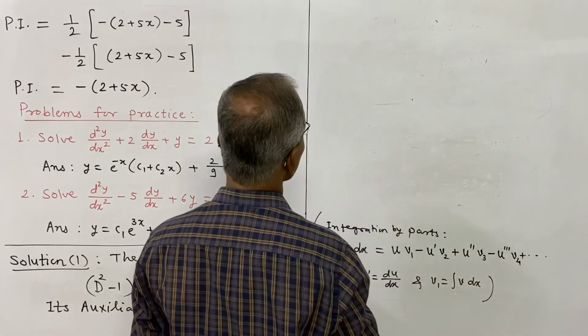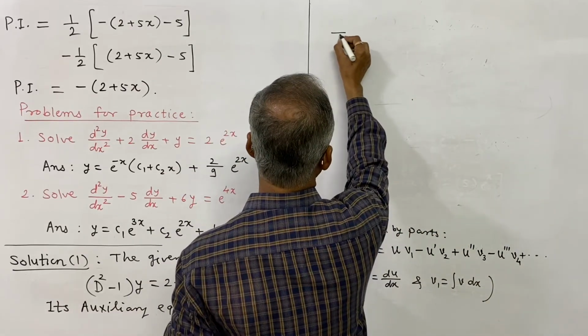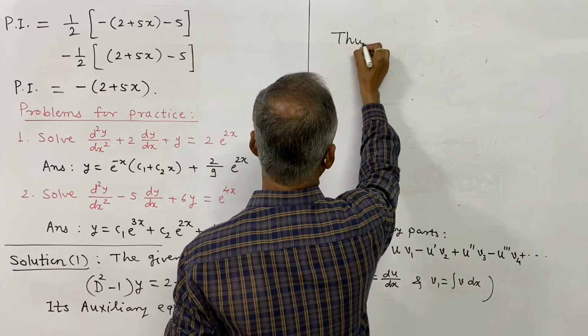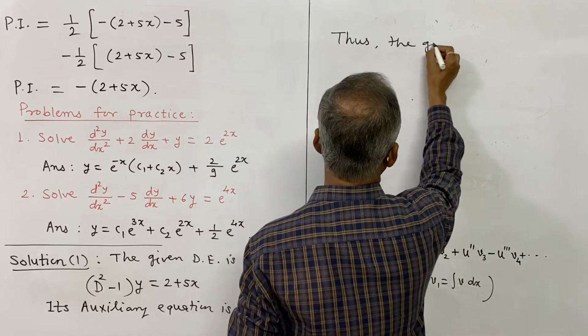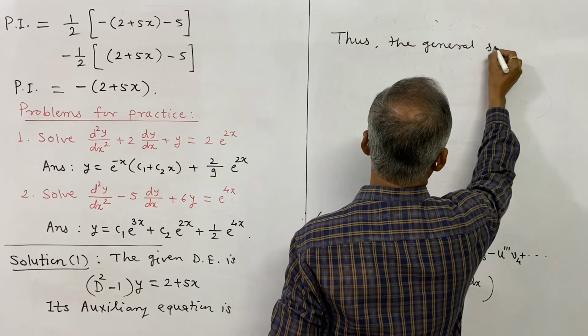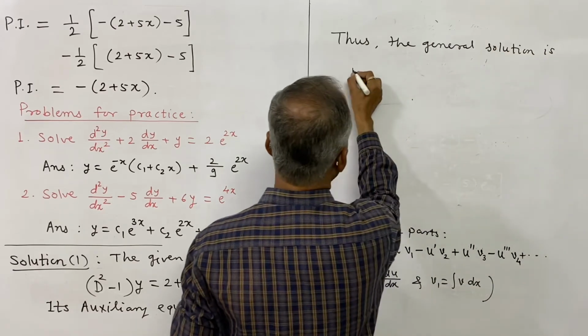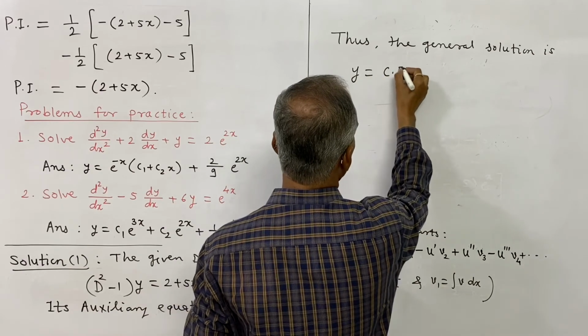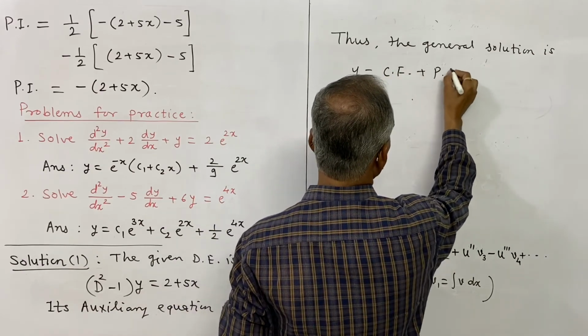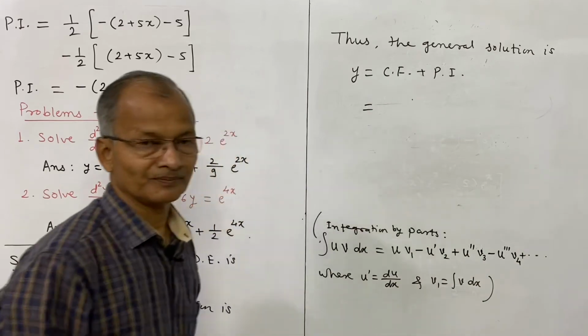Therefore the general solution is y is equal to CF plus PI, and CF we have already obtained.